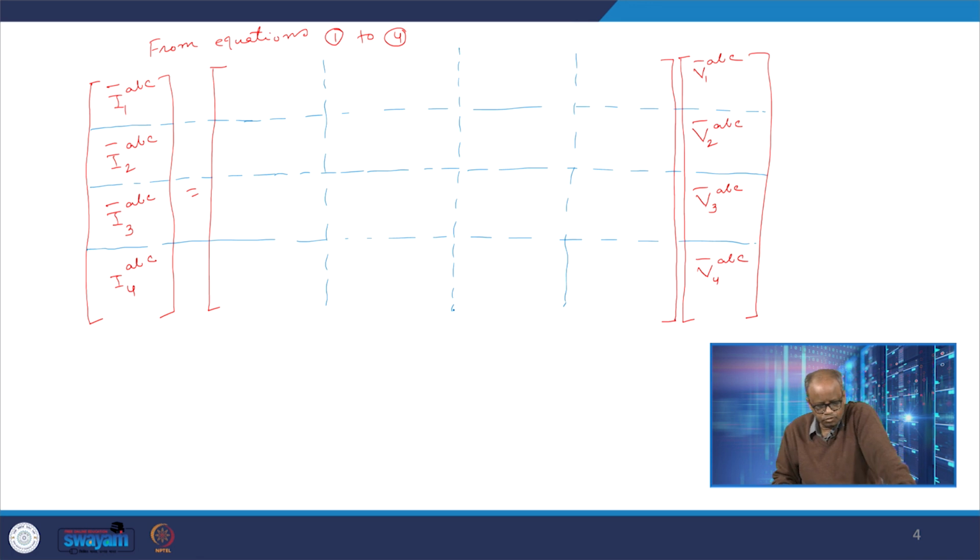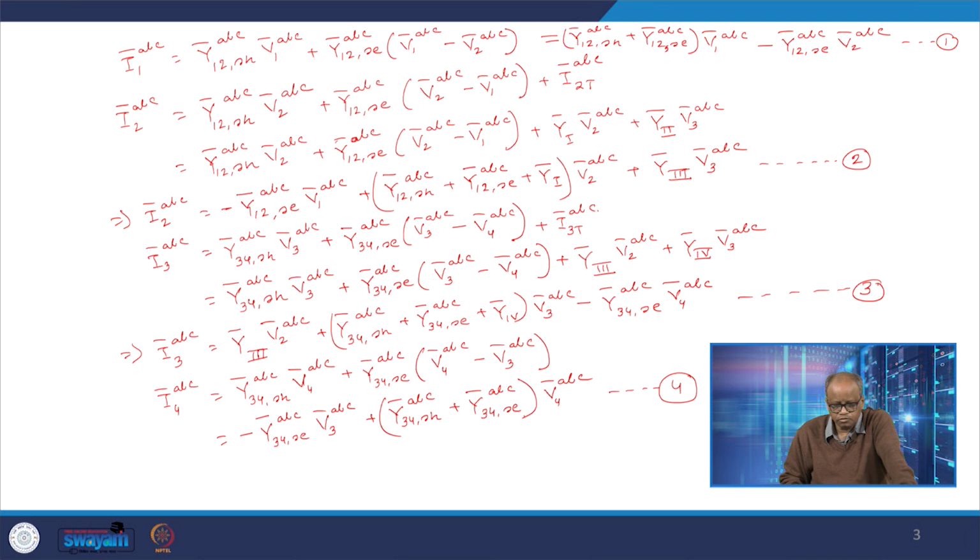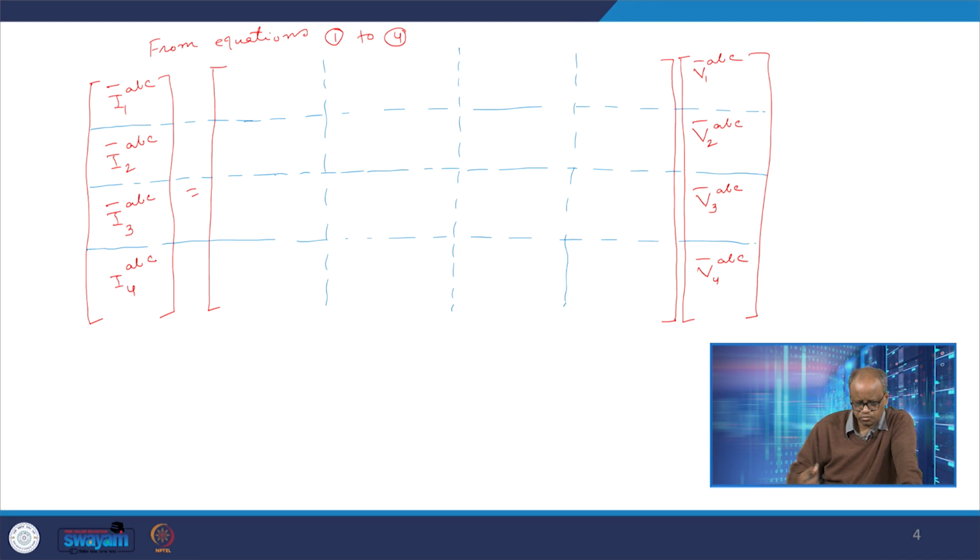Okay, so these partitions have been made. So now I1 ABC would be, so now let us write down the elements one by one. So first is Y1 2 shunt, Y1 2 series. So it is minus Y1 2 ABC.